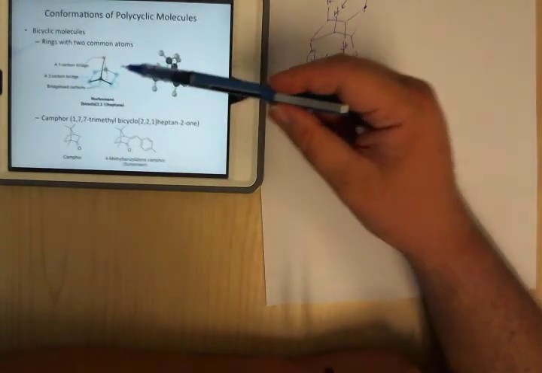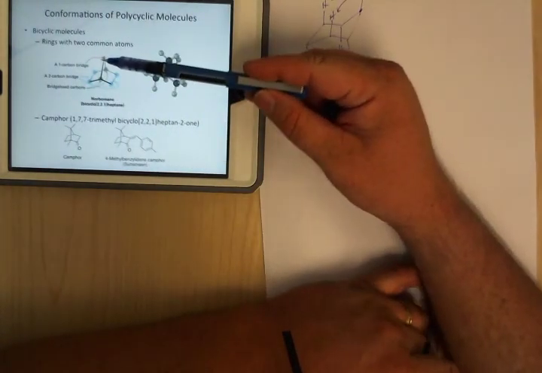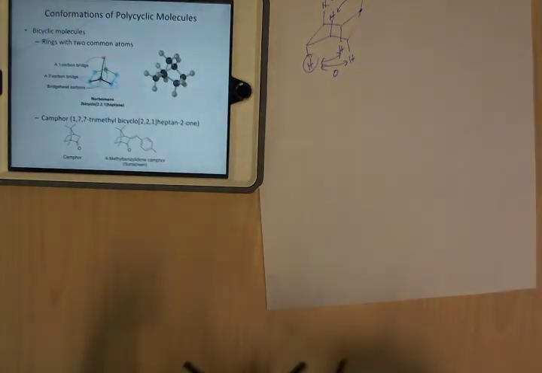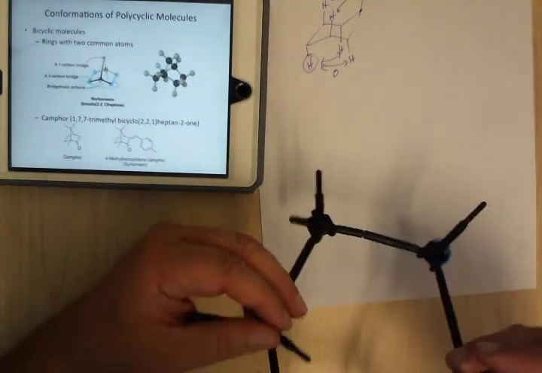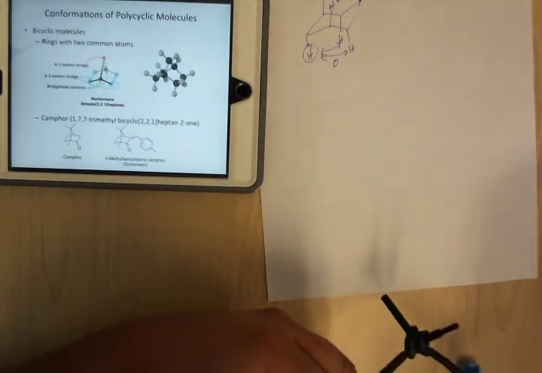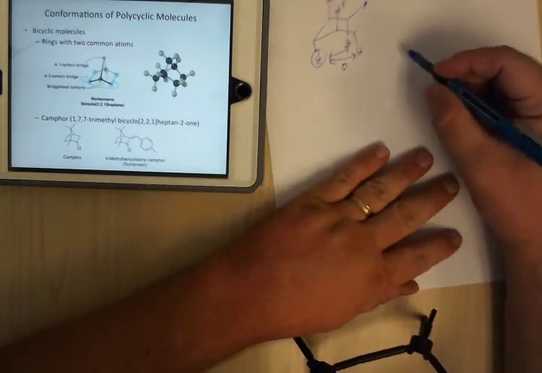Now the other thing that we can do, and this will come up later, is you'll have what are called bridgeheads. I don't want to break my model kit here, but what will happen is you have a cyclohexane ring.